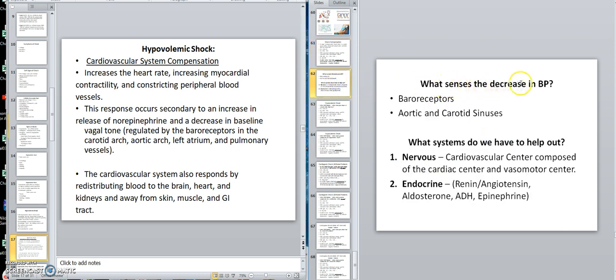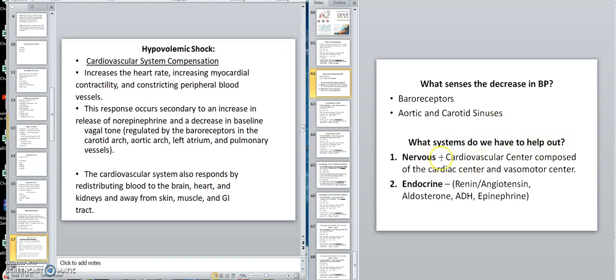What senses your decrease in blood pressure? This is review. Your baroreceptors, the aortic and carotid sinuses. We've talked about that before in the control of blood pressure, so go back and review that. What systems do we have to help out?